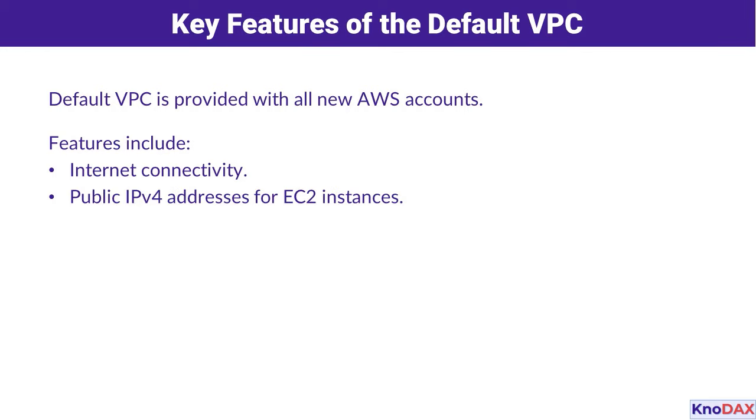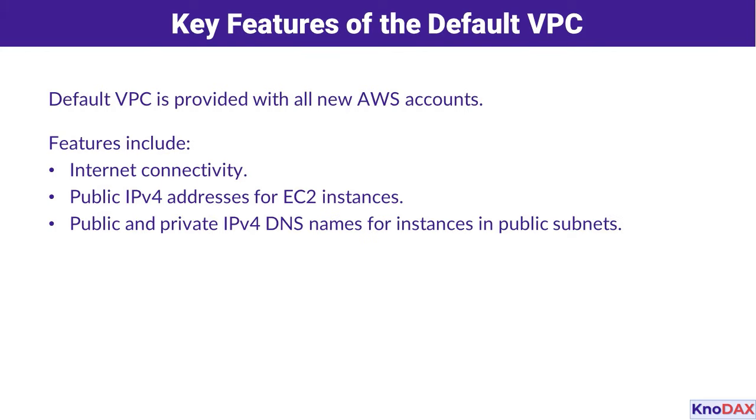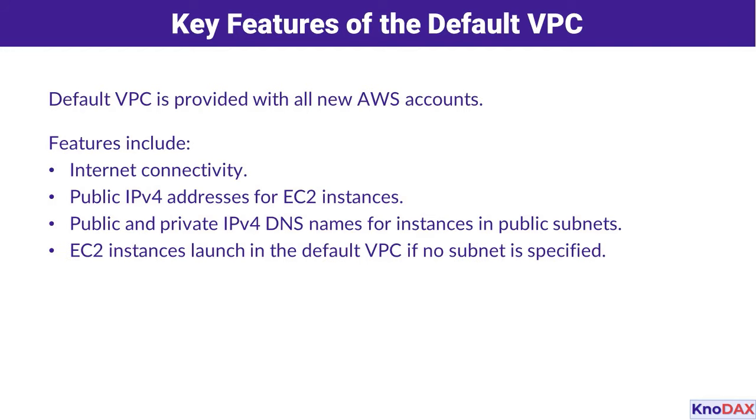Any EC2 instances you launch within the Default VPC are automatically assigned public IPv4 addresses, allowing direct internet access. Third, it provides public and private IPv4 DNS names for instances in public subnets. Finally, automatic subnet assignment. When you launch an EC2 instance without specifying a subnet, it is automatically placed in the Default VPC, ensuring a seamless start without extra configuration.